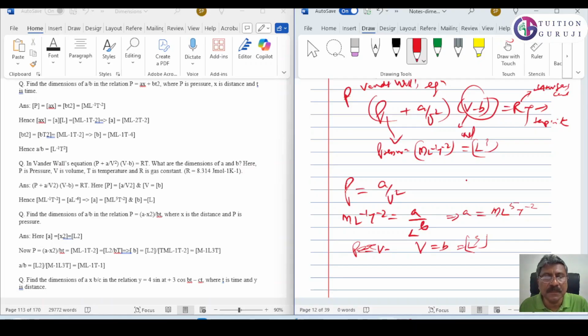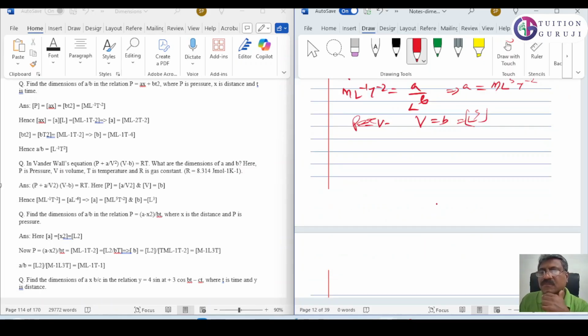So a is equal to M L raised to 5 T raised to minus 2 and b is equal to L cube.